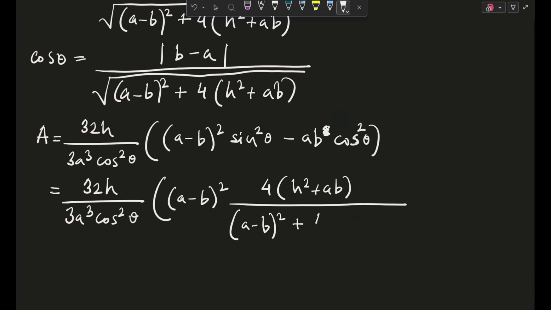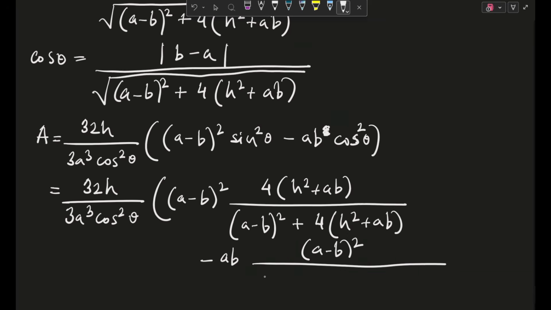The only good thing about this whole calculation is that in both the fractions we have the same denominator, so that will make it pretty easy. This will look very big, but a lot of terms will be common and it will be really simple. And this goes out to be minus ab, a minus b whole square, whole divided by a minus b whole square.